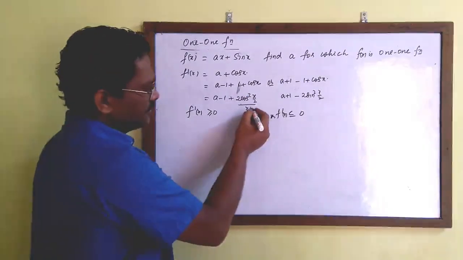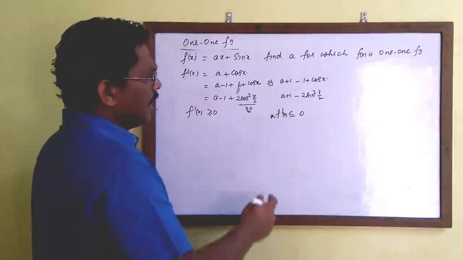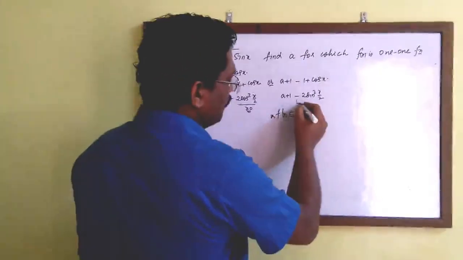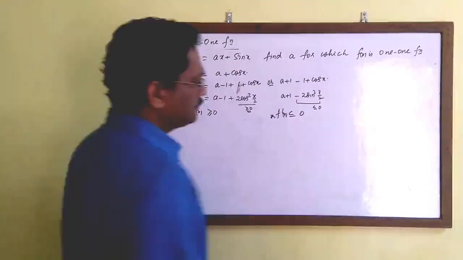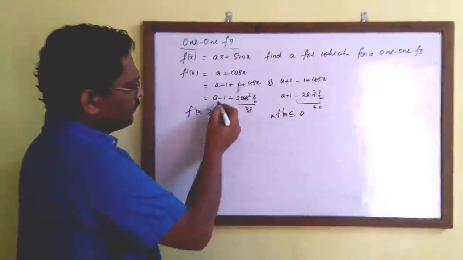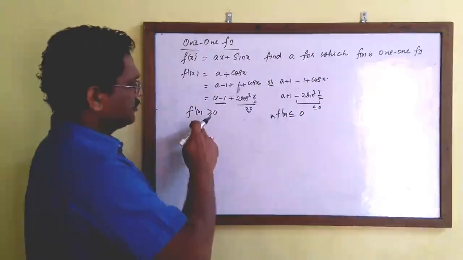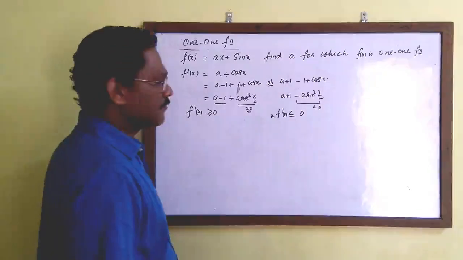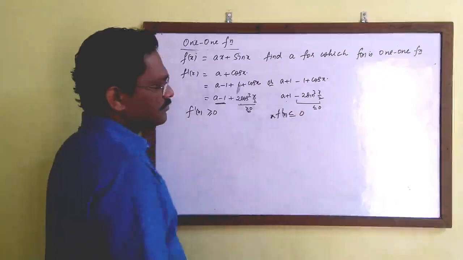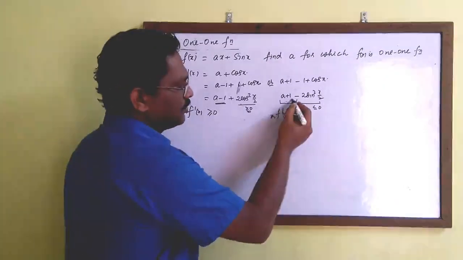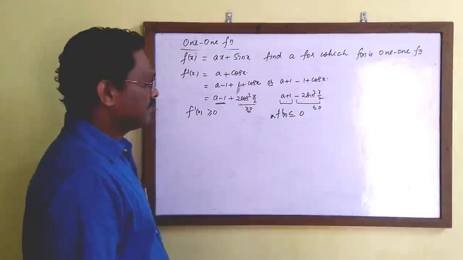See, this parameter is always greater than or equal to 0. And this parameter is always less than or equal to 0. So if I can make this parameter greater than or equal to 0, the function is always going to be a 1-1 function. If I make this parameter less than or equal to 0, then it will always be a 1-1 function.